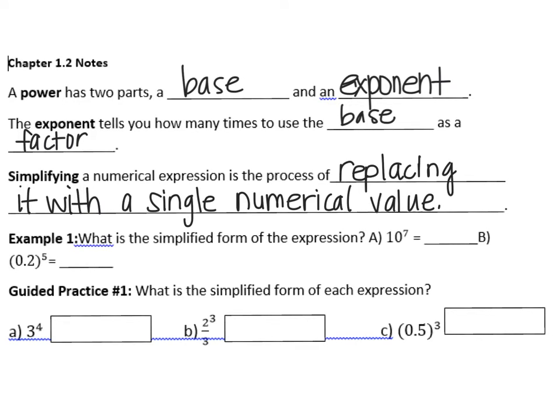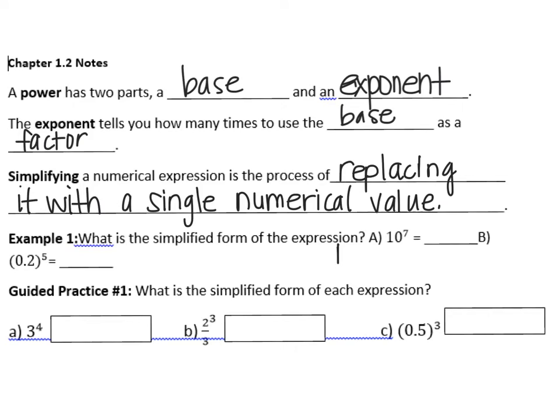Alright, so what is the simplified form of the expression? A is 10 to the 7th power, so you're going to do 10 times 10 times 10 times 10 times 10 times 10 times 10. And you can take your calculator and do it, but any tens to a power, all you have to do is put a 1 with that many zeros behind it.